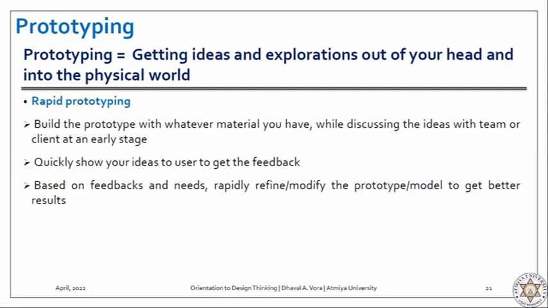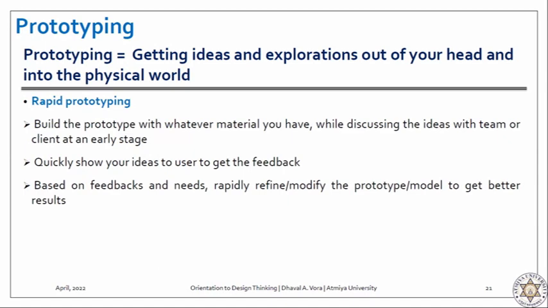Rapid prototyping is a type of prototyping. So build the prototype with whatever material you have while discussing the ideas with the team or client at an early stage. See, when I say whatever material, it means you need to first discuss whether the material which you are going to use to make the model or an artifact should be used or not.